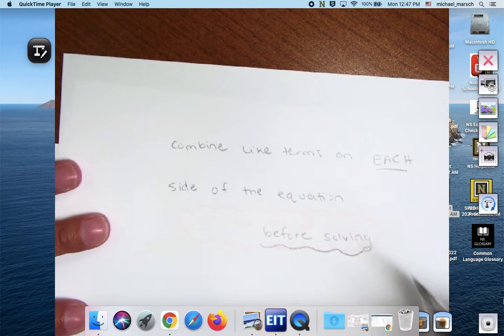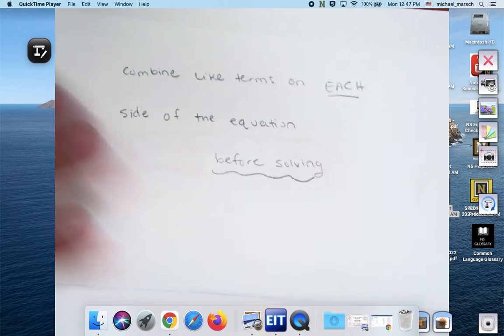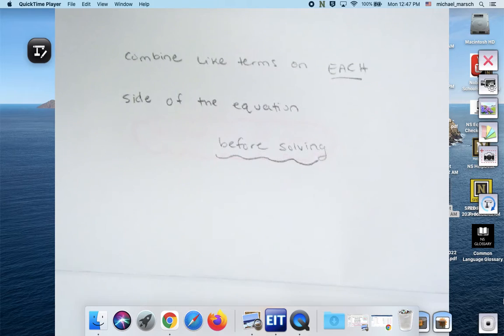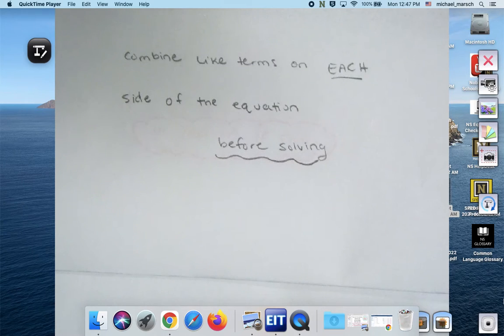This is on the top part above. Combine like terms on each side of the equation before solving. Sometimes students go into solve mode. Then they have all these random combining like terms that they could have done first. We need just 2 seconds until we're done, because this is the last one we're going to do.